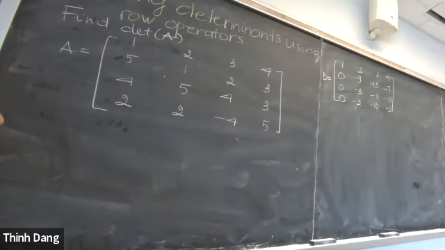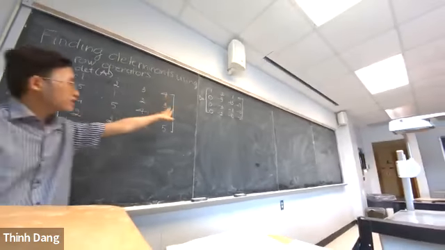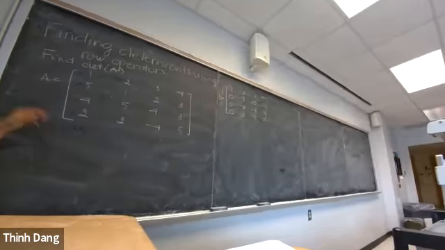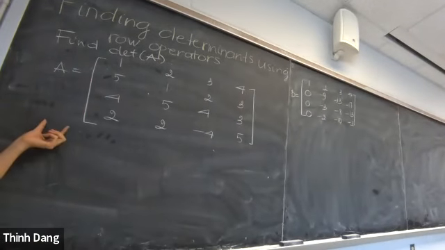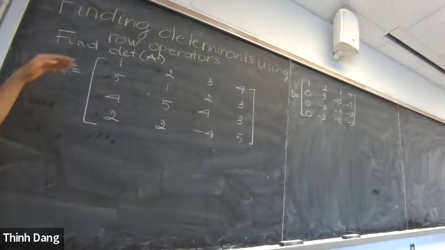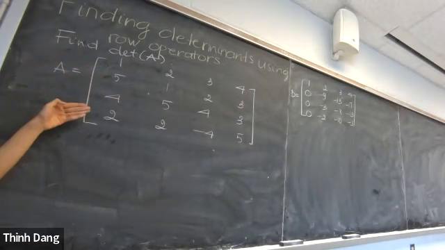Before we continue with our row operations, let's compare the determinant of the matrix A and the matrix B. In order to get the matrix B from matrix A, I applied three row operations to matrix A, and all of them are of the third type, which means I am multiplying some row and adding that to another row.